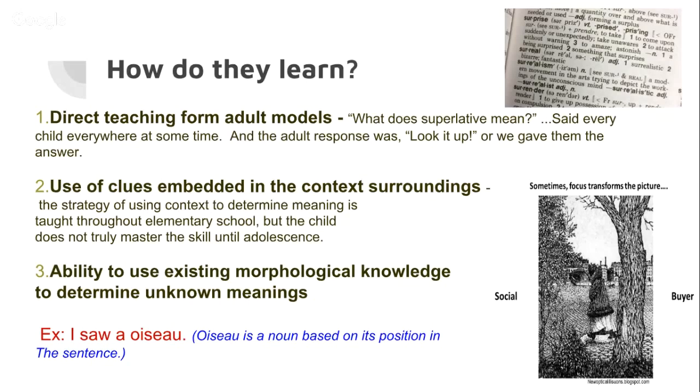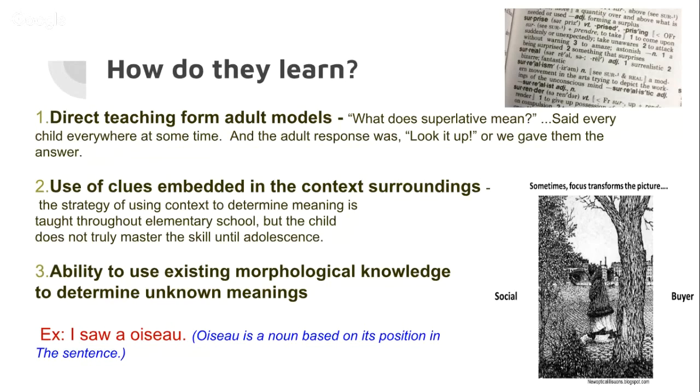And the adult's response is, go look it up. Or we tell them what it means. As a speech pathologist, I tend to tell children to look it up in a thesaurus, not a dictionary. Dictionary is words to talk about words, whereas a thesaurus at least gives them synonyms, so they might be able to find a word that seems familiar.